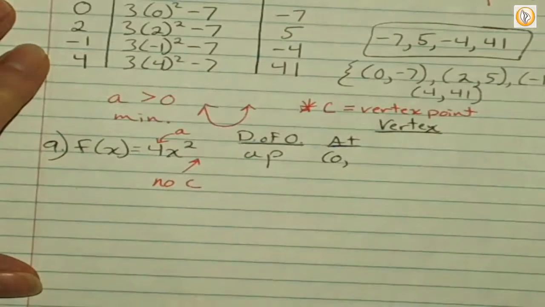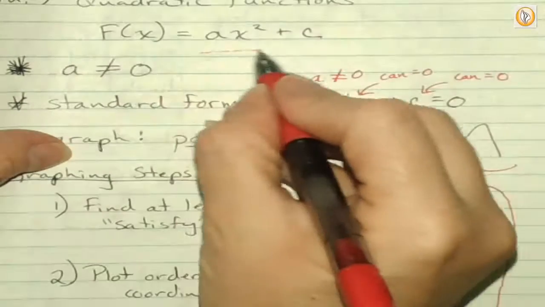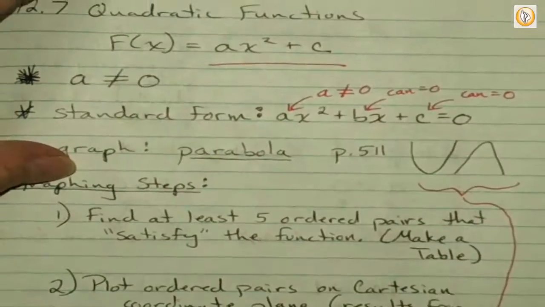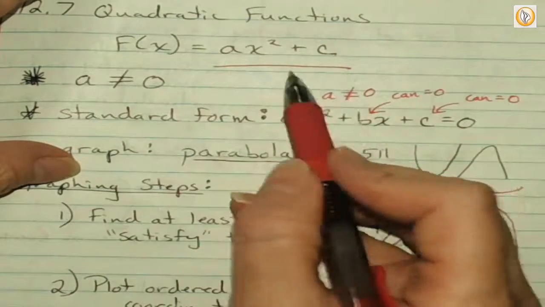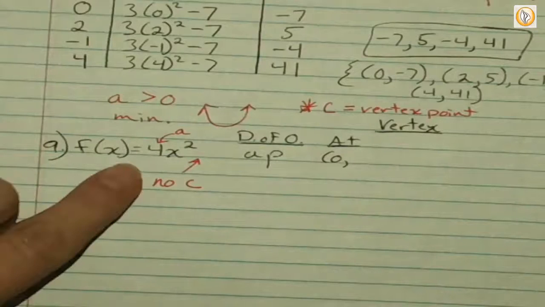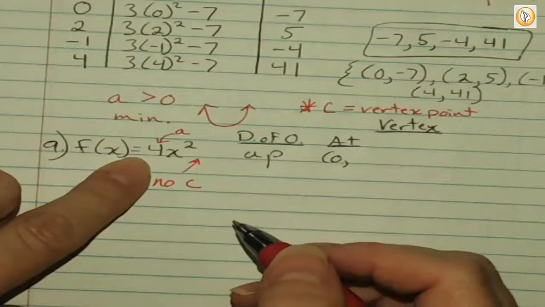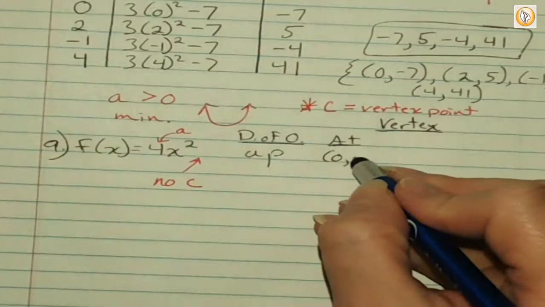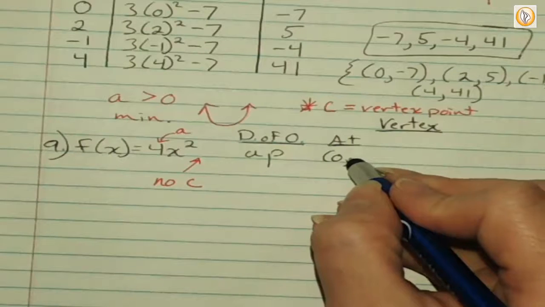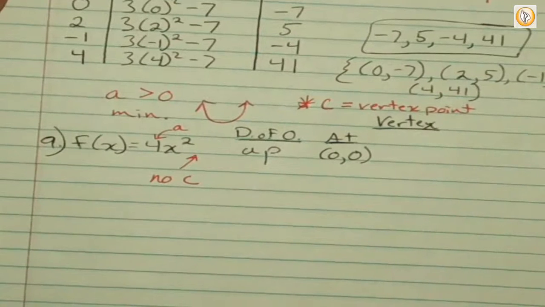No C. Remember at the beginning, here's our formula. Do y'all see that? Valeria, do you see that? So in this case, does 4x squared have a C? Keith said no. So therefore, what number do I put here, Keith? 0. That's right. The vertex will be at 0, 0.